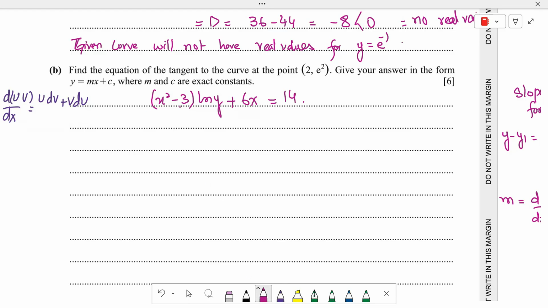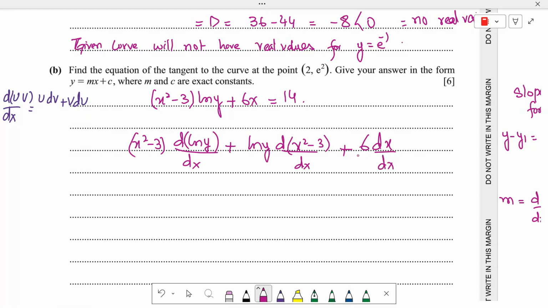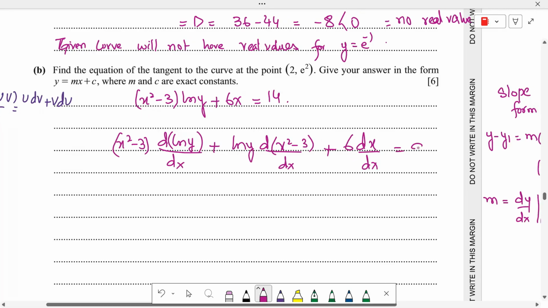In this case, x square minus 3 is u, so it will remain the same, x square minus 3, and then the derivative of v, which is the derivative of ln y with respect to x, plus now v remains the same, ln y, and the derivative of u, which is x square minus 3, plus the derivative of 6x, meaning the derivative of 6 times x, and equals the derivative of the constant 14 with respect to x.